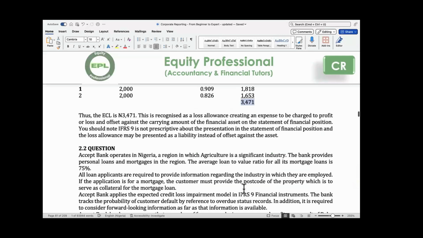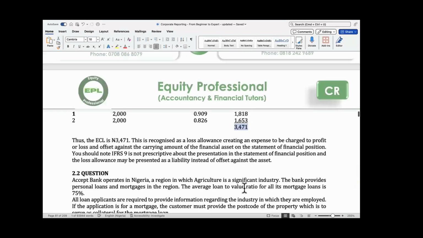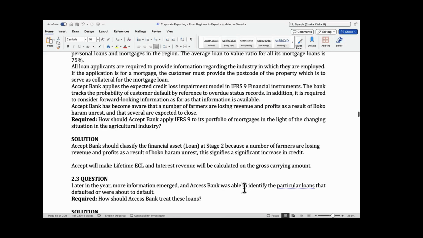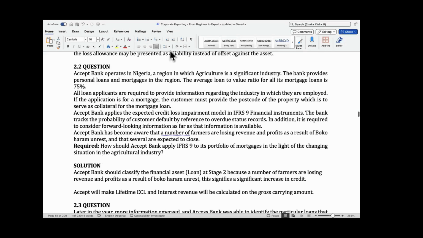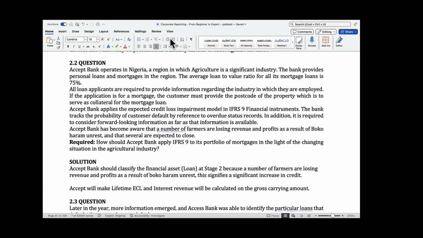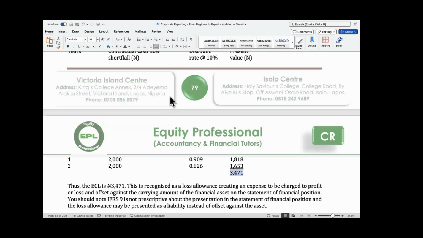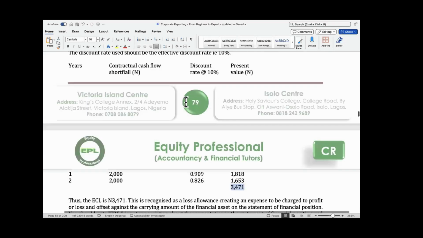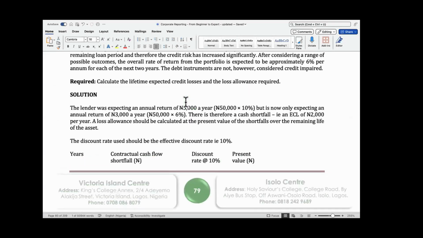Now, okay, let's look at this other one. Please, there's a clarification. For this question, if the reduction in that return is, say, in year 3, let's say the question covers maybe a 10-year span, and it's in year 3 that the rate reduces from 10% to 6%.